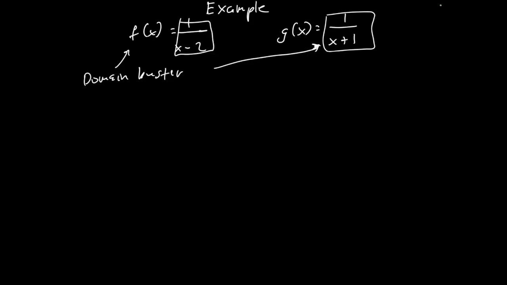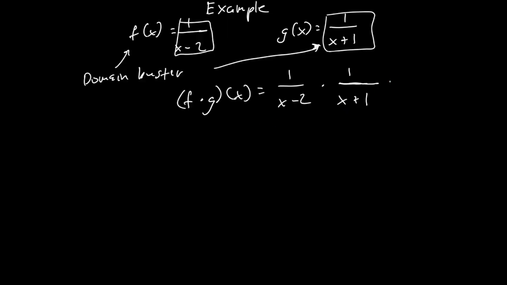Now moving on to the more complicated ones, we can do multiplication, so we get f times g of x equals 1 over x minus 2 times 1 over x plus 1. And this is actually pretty simple for fractions especially, because you just multiply the denominators. It's easier than adding because you don't have to do any common denominator stuff.